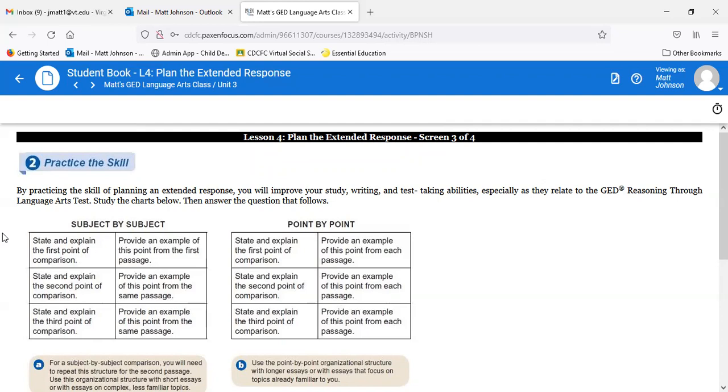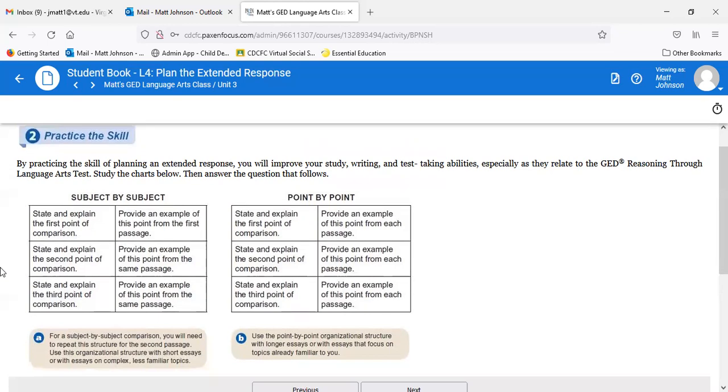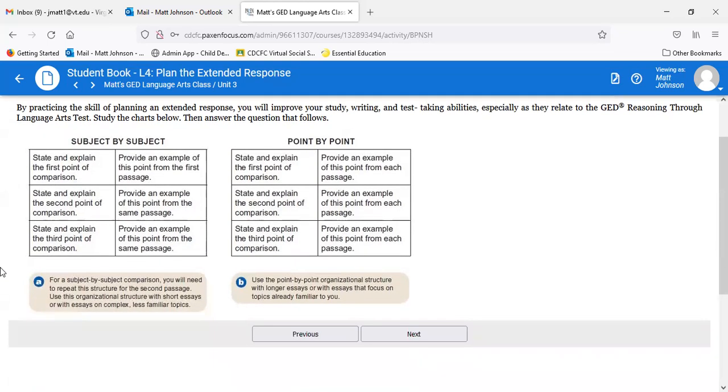Point by point. So you state and explain the first point of comparison, and then provide an example of this point from each passage. State and explain the second point of comparison, and then provide an example of this point from each passage. State and explain the third point, and then provide an example from each passage. For a subject by subject comparison, you will need to repeat the structure for the second passage.